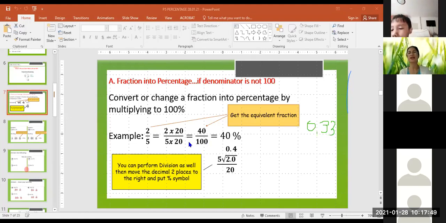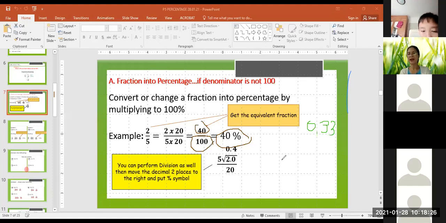In other words, think of the factors of 100 and the factors of 5 and 2, so that you end up getting 100, and your answer would be 40%. Simply by multiplying 2 and 20, you get 40, and 5 times 20, you get 100.